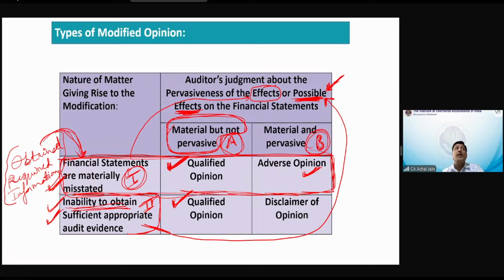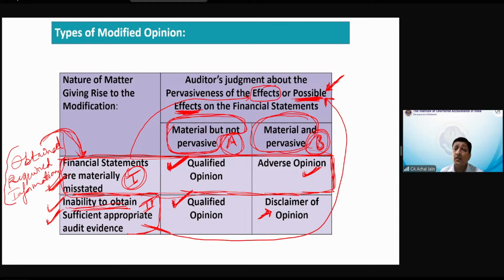But this possible effect, as per your assessment, is not only going to be material, it will also be pervasive. So in this case, what will you do? You will go to disclaimer of opinion. Why? Because now you will not be giving the qualified opinion.